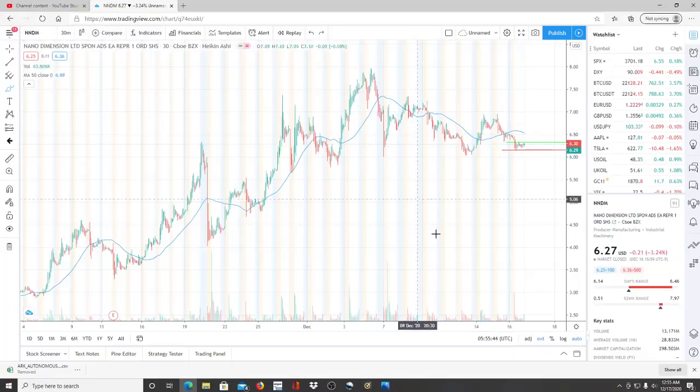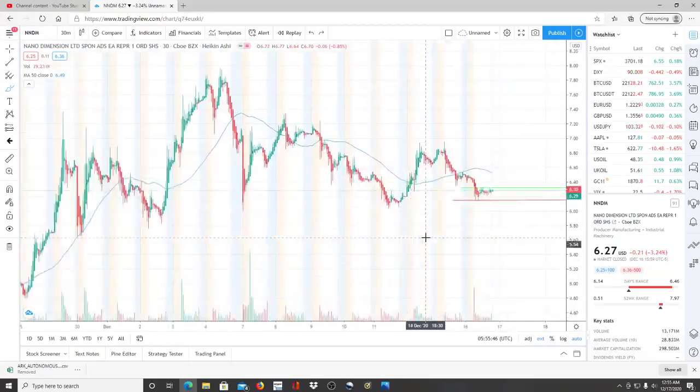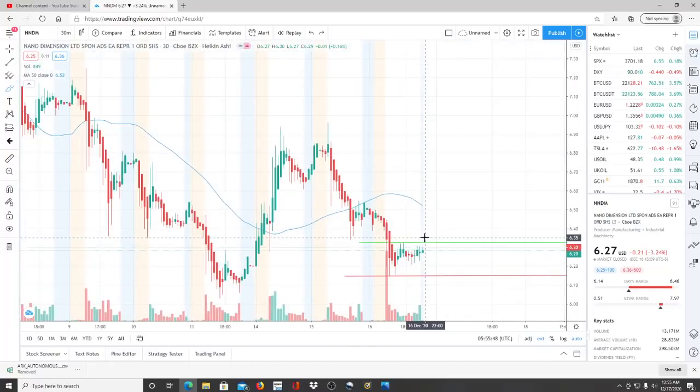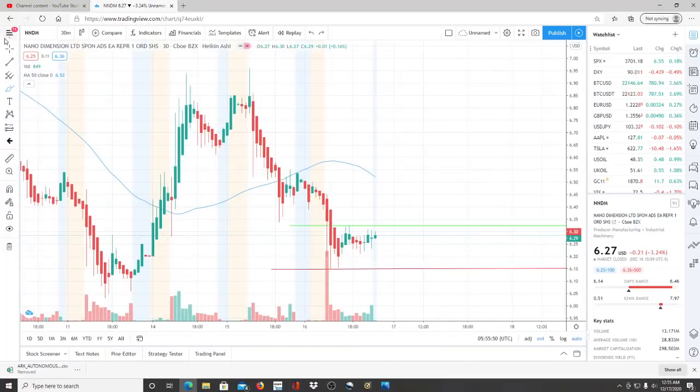But the fact that Nano Dimensions keeps getting bought by ARK Invest, I think that's something that should show investors how bullish ARK Invest is, because I always say it. When you buy a stock at $6 and it goes down, for example, and I'm not using Nano Dimensions, I know it's at $6, so let's use a different number so nobody says I jinxed it. But you buy a stock at $7 and it falls down to, I don't know, $5.